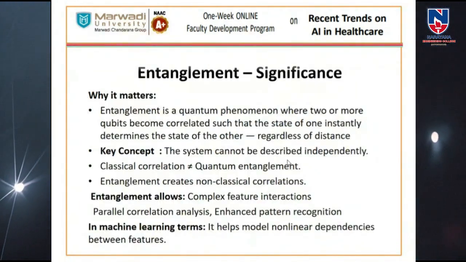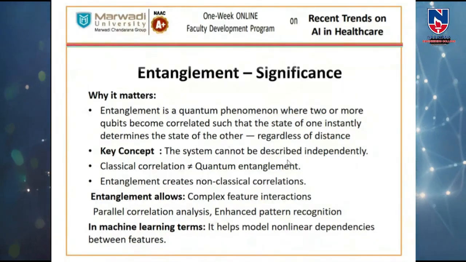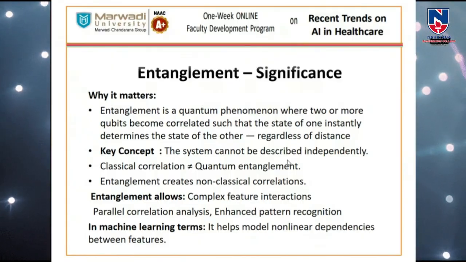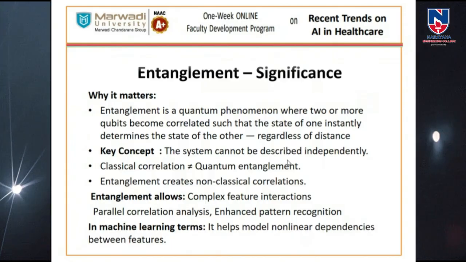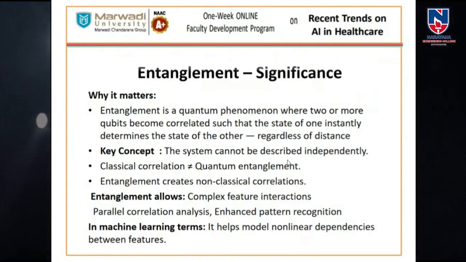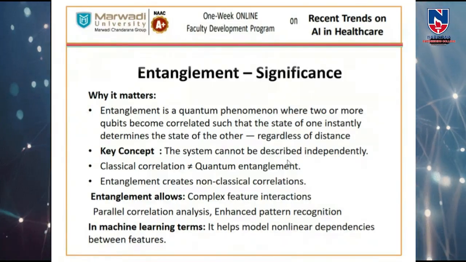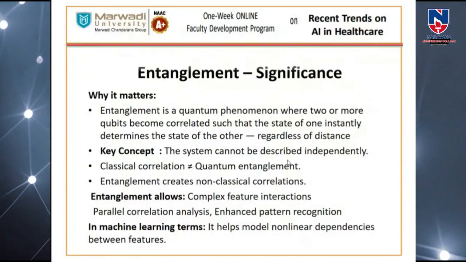Why does it matter? What is the importance of that? Yes, suppose we have two qubits. According to entanglement, by knowing the status of one qubit, automatically you know the other qubit's status. That means measurement becomes unnecessary. Then how is it useful for medical imaging?